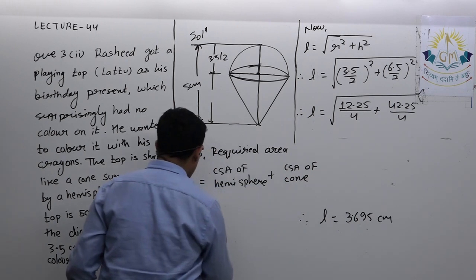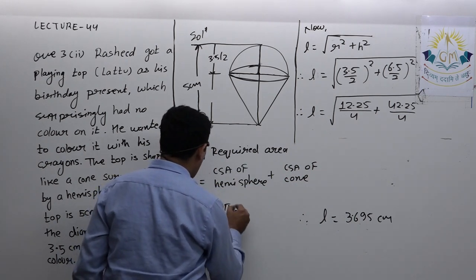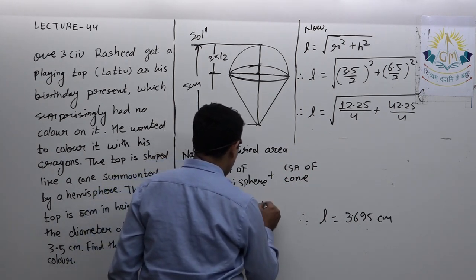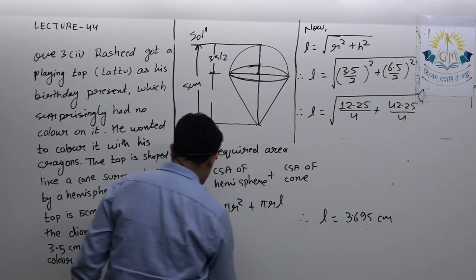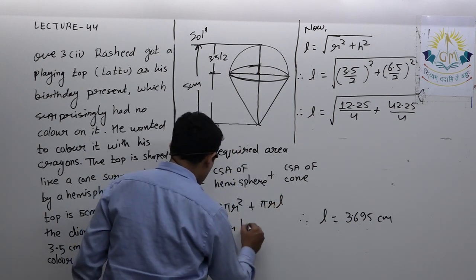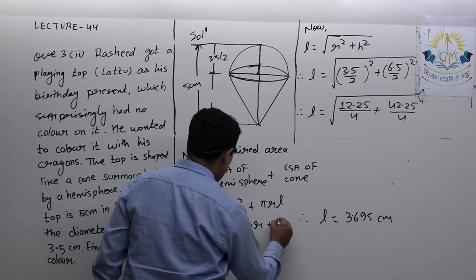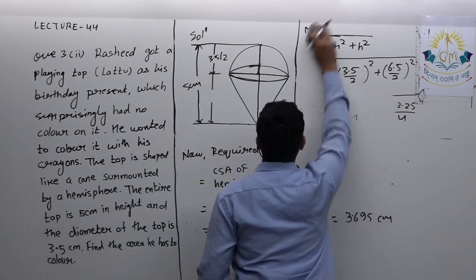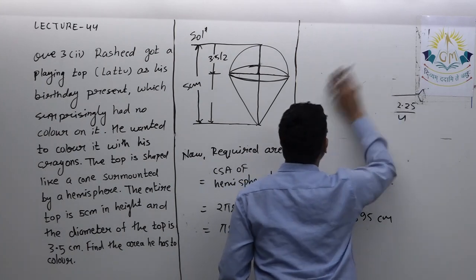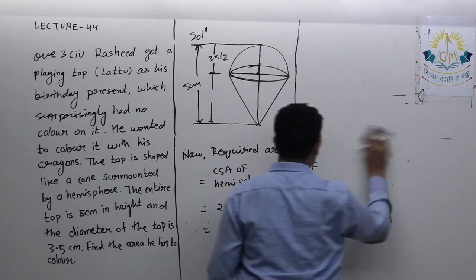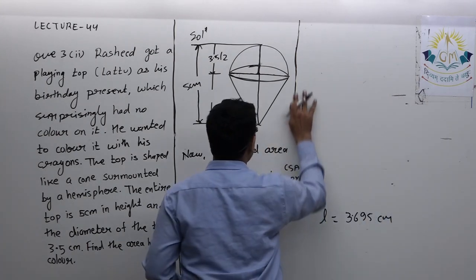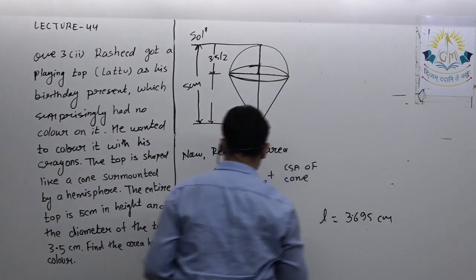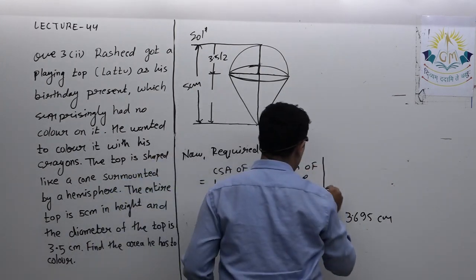Now CSA of hemisphere is 2 pi r square, CSA of cone is pi r l. We can take pi r common, so here I will get 2r plus l. Now we have the values of radius as well as slant height, so we'll put those values to get our final answer. Let me solve it further over here.